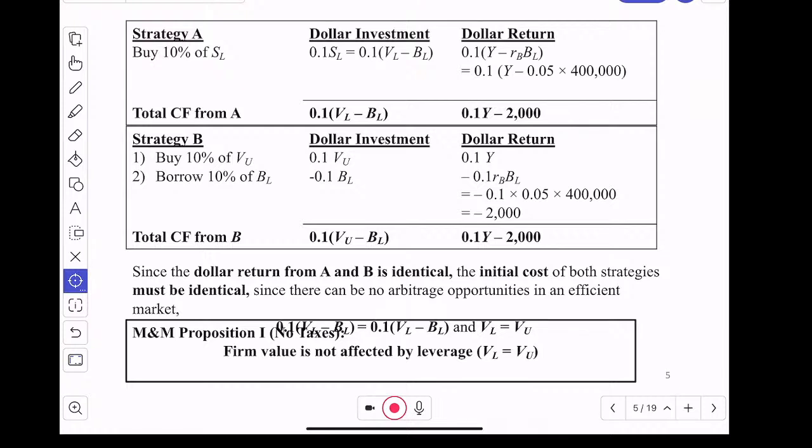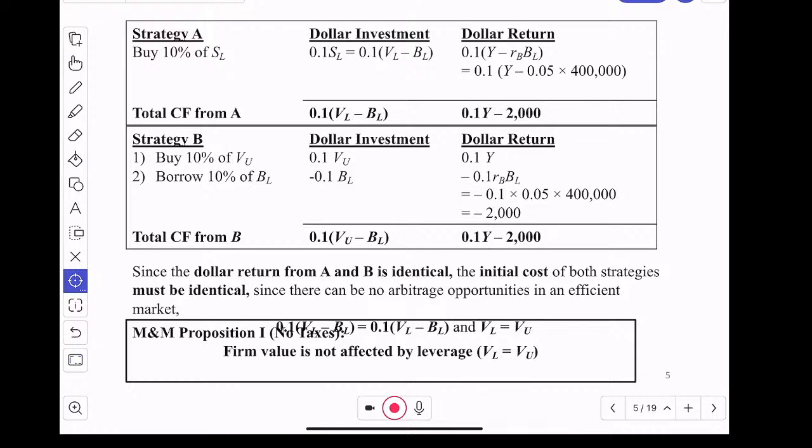All right, now let's look at an investment strategy that's essentially equivalent, investing in the unlevered firm. This could be accomplished by buying 10% of the value in the unlevered firm. So that's just 10% of equity. And there's no debt issue in the unlevered firm.